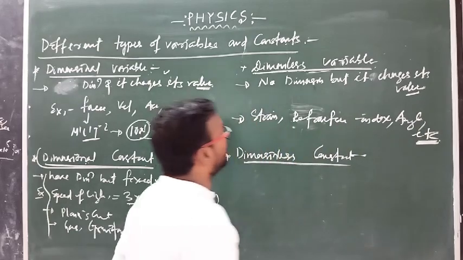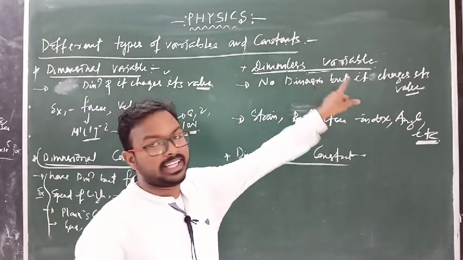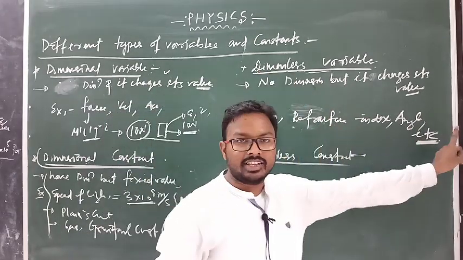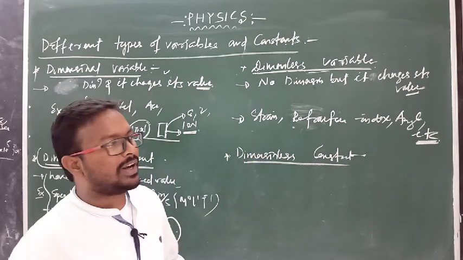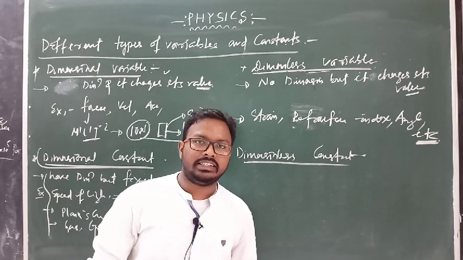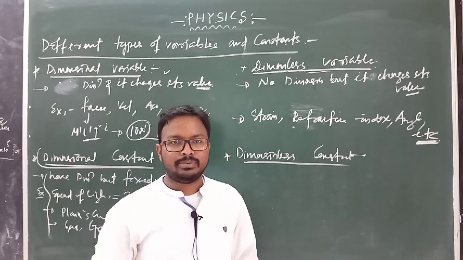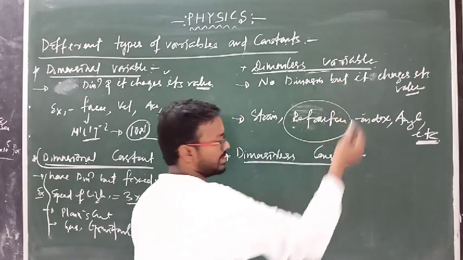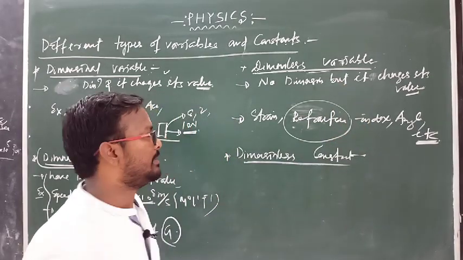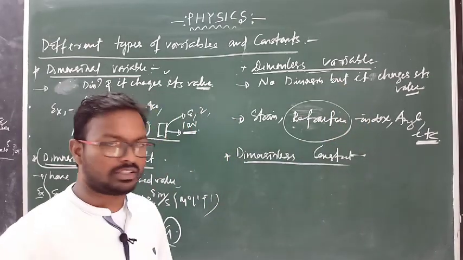These are examples of dimensionless variable. They have no dimension but value changes. Refractive index for water medium is 1.33, for glass medium 1.5. Clear? So the refractive index changes its value but its dimension is 0, that is M0 L0 T0.